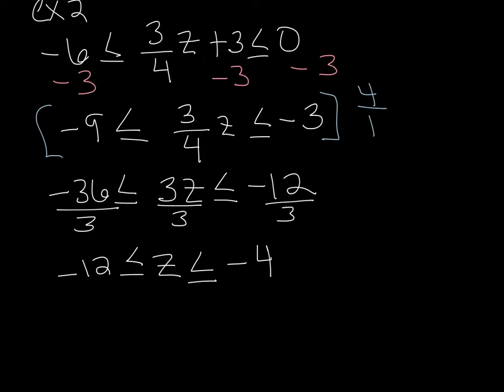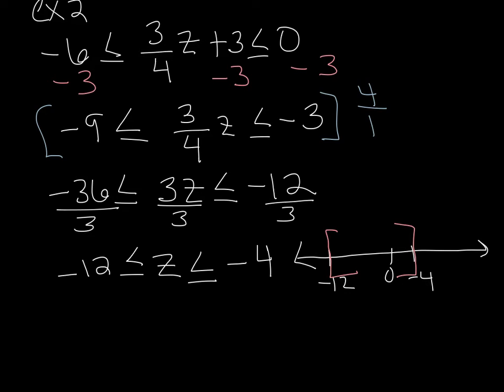Okay. So now, if again you think about a number line, what you have here is an interval between minus 12 and minus 4, and it includes those numbers. So over here, if you have minus 12, 0, and minus 4, it includes those, and because it's including those, I have to have brackets.